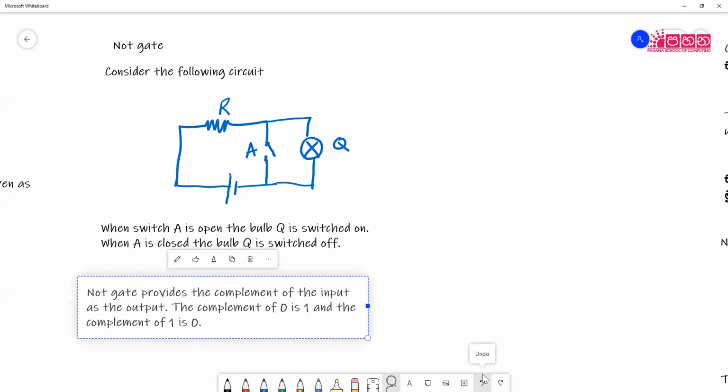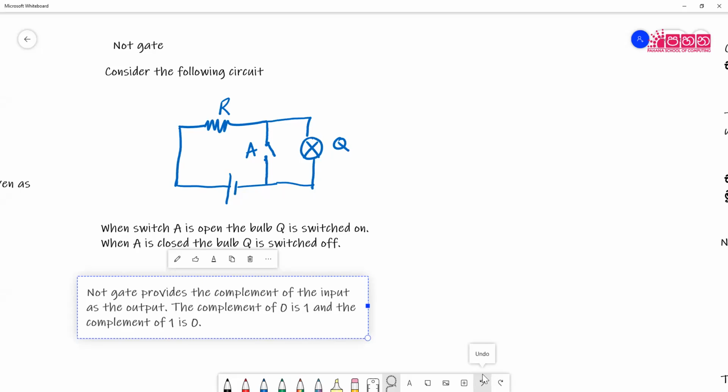When you take a NOT gate, what it provides is the complement of the input as the output. If the input is 0, the complement of 0 is 1, and the complement of 1 is 0. We can represent that here as well.